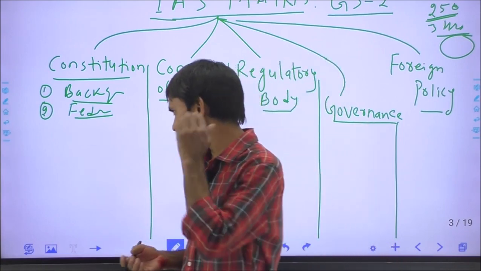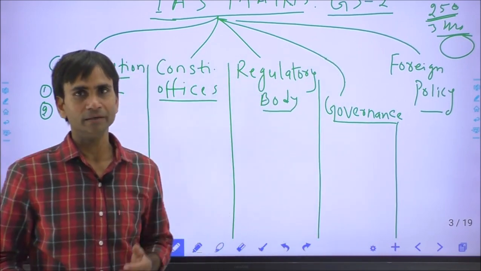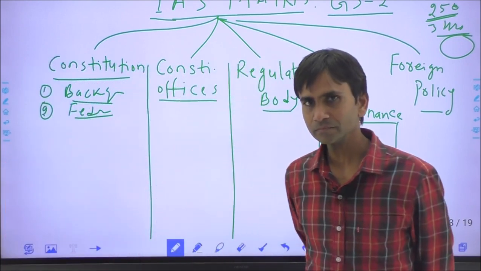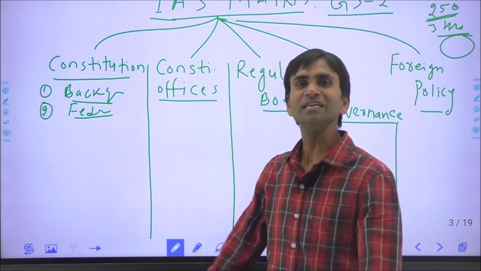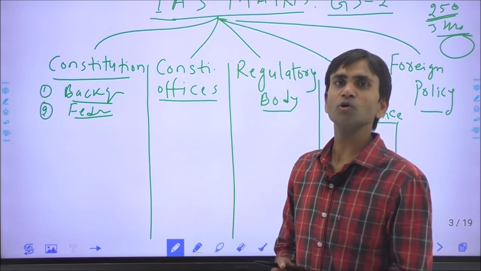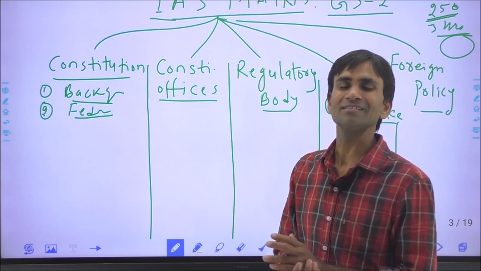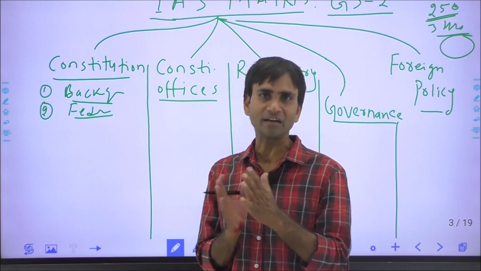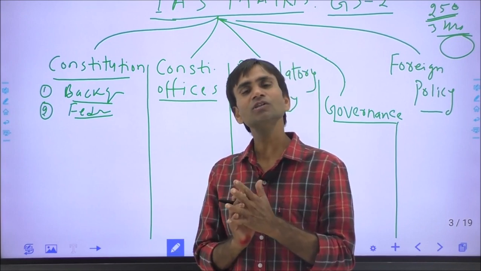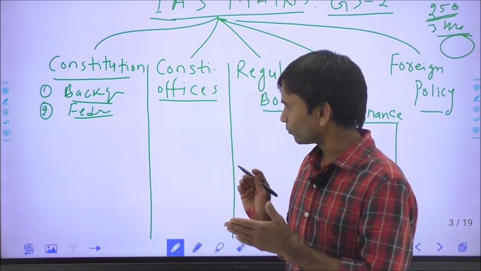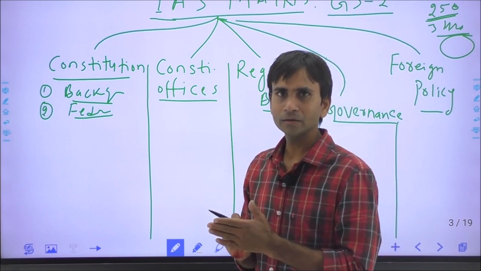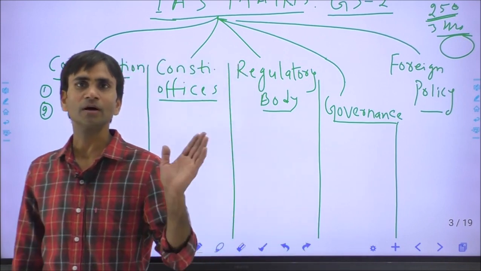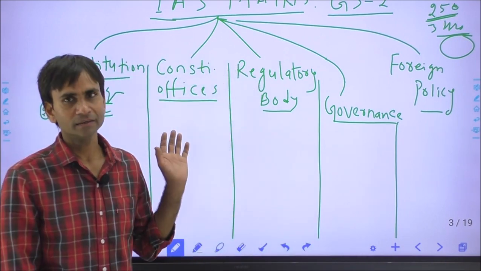And the second feature: India has adopted the parliamentary form of government from Britain, and now most scholars have criticized the parliamentary system because it is not functioning appropriately, and say India should quit the system and adopt the presidential form of government, the American pattern.